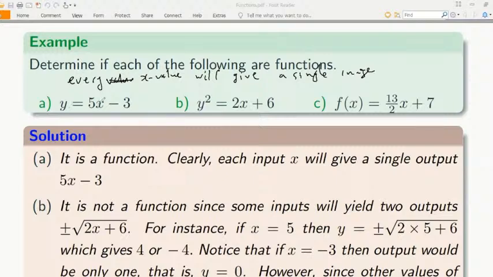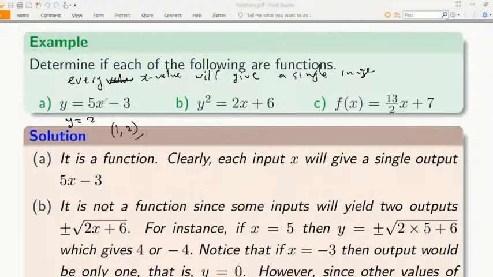For instance, this one. If I was to plug in x equals 1, then I would have y to be 2. So you can see that the object 1 has given me image 2. If I was to plug in 3, this would be 15 minus 3, and that would be 12.